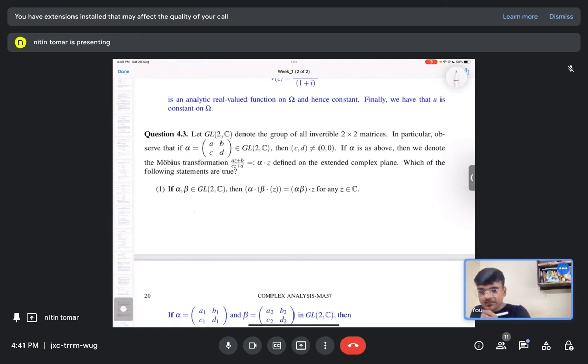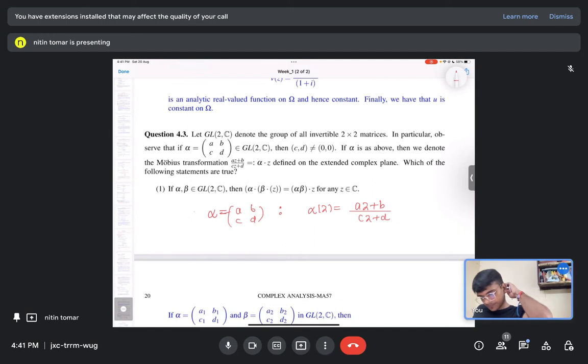Now, with this information, the question is: corresponding to every alpha, which is A, B, C, D, we define a map. Let's say alpha of Z is (AZ plus B) upon (CZ plus D).